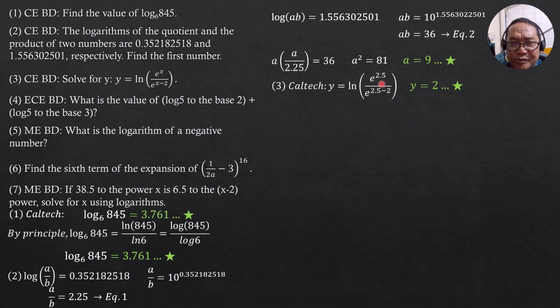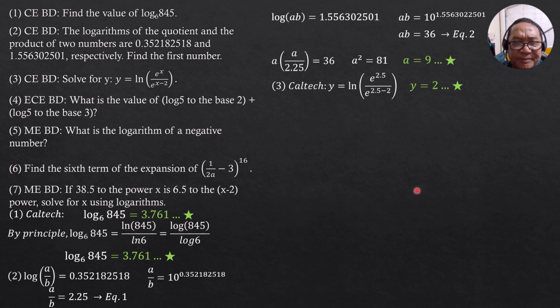You may use 3, you may use x is 5, so long as, to be safe, the power is positive. So y is 2, but it can also be 0.5 if you want. X is 0.5, you substitute.